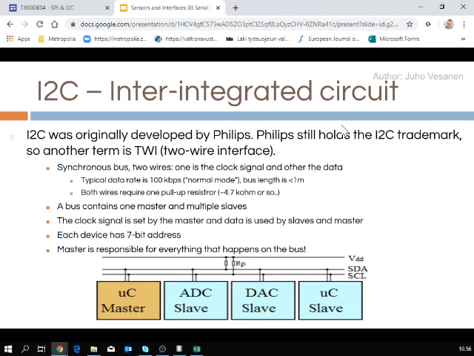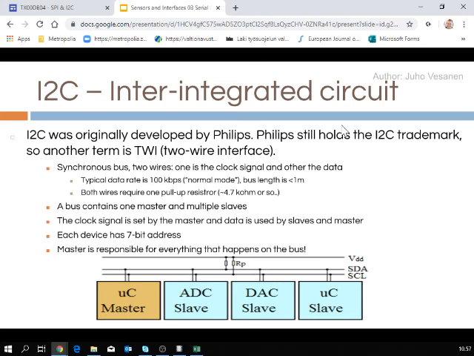But there are also ways to extend this bus to a separate circuit board, as long as it's a short distance. Anyways, each device has a 7-bit address, which is not much, which means that there's also another addressing mode. But the basic addressing mode is 7-bit. There's also an extended addressing mode, which uses 11 bits.